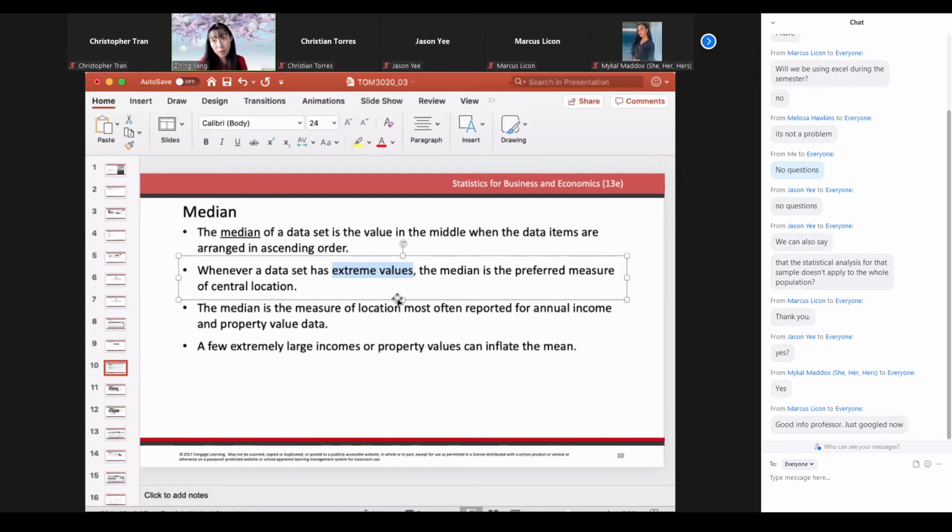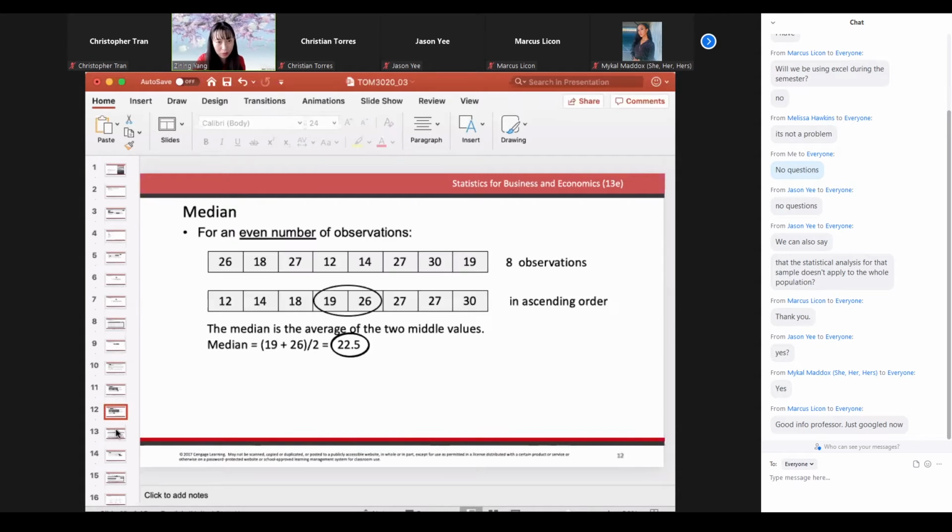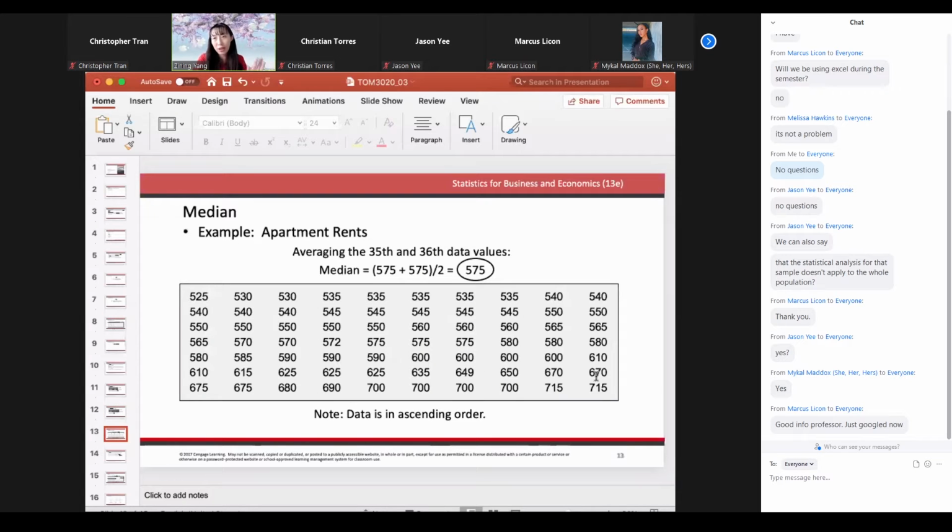But if we use the median, we just know there's one large number here. If this is a huge number, say 3,000,000, it doesn't matter.